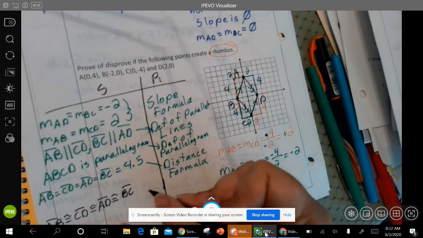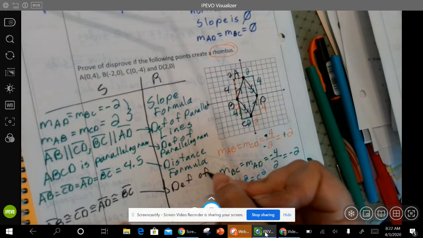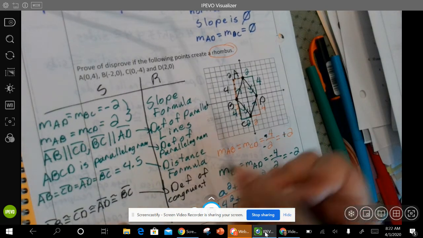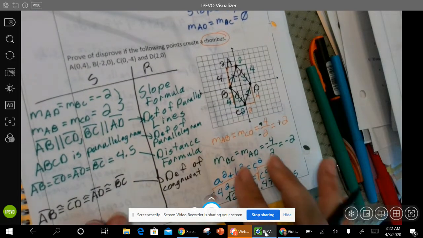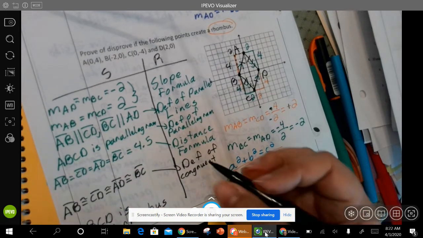Okay, and so that would be by our definition of congruent. All the same measure, everybody. Remember, that means that they're all the same. Okay, so then that means that ABCD is a rhombus. So ABCD is a rhombus.